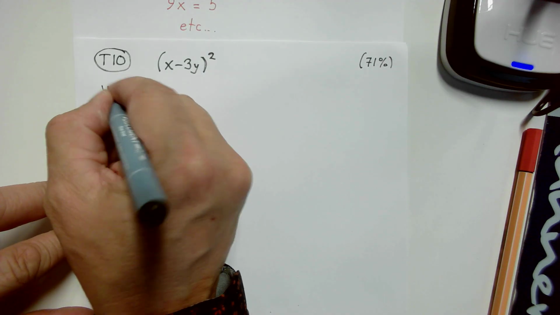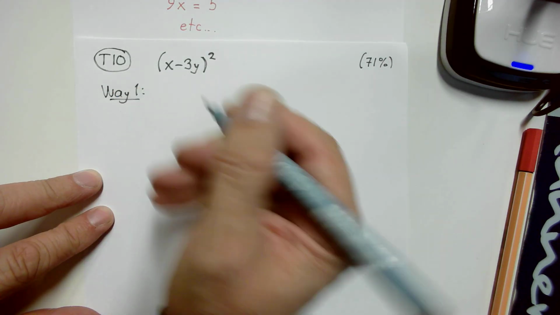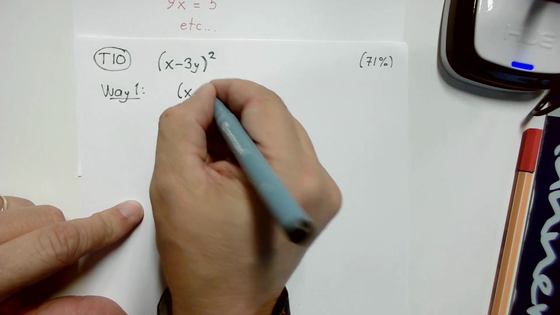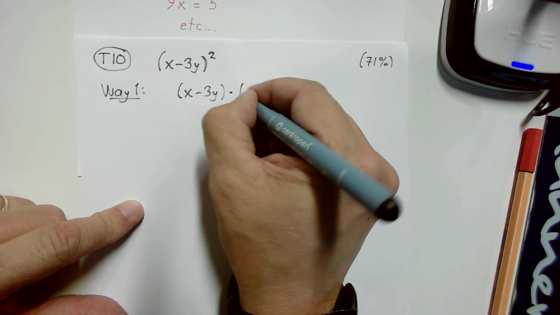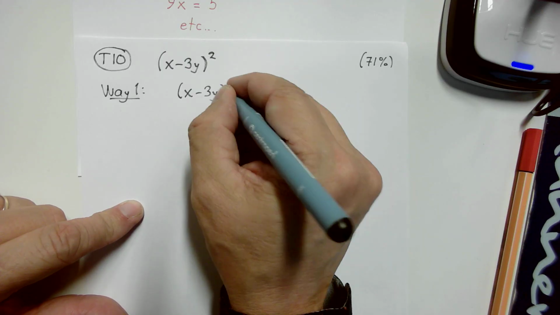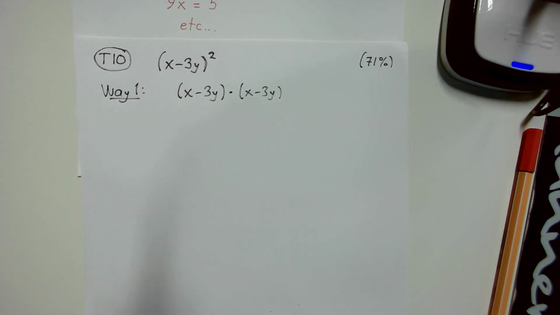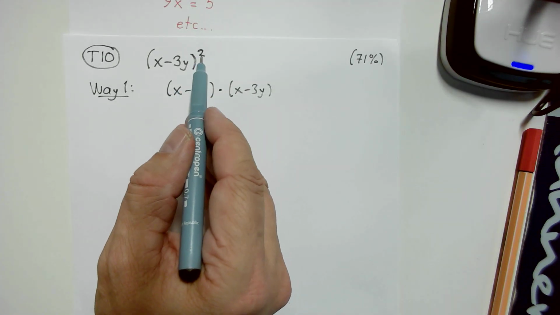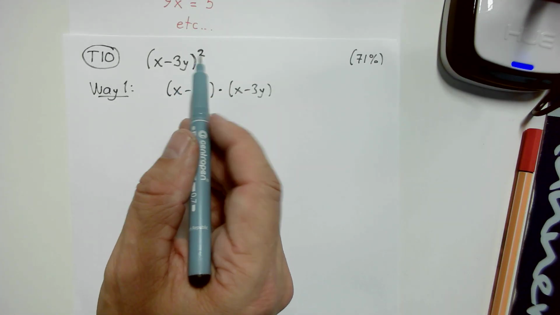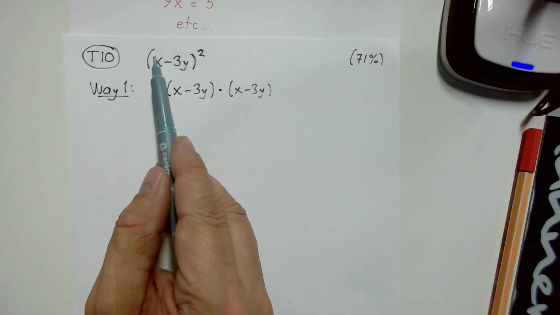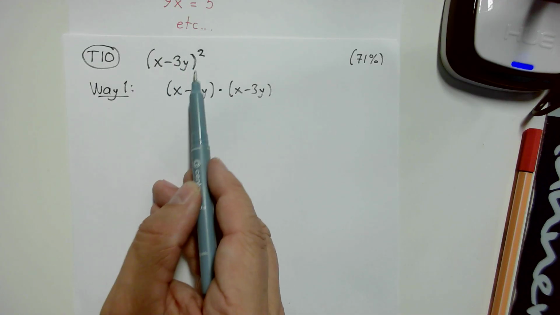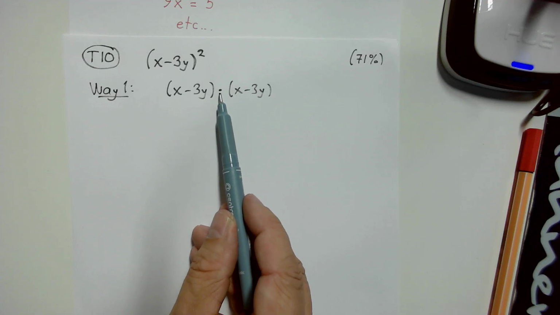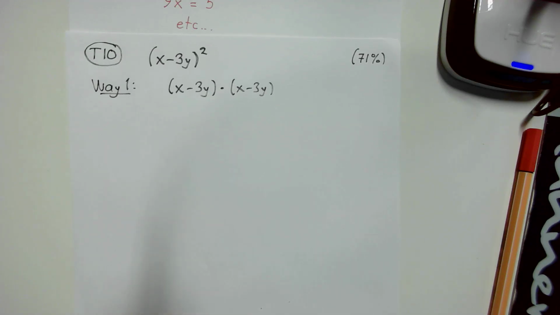Way 1. We will do it like this. If we use this table format, actually this power or exponent 2 means that there is a multiplication where we have this bracket 2 times, multiplied with itself.